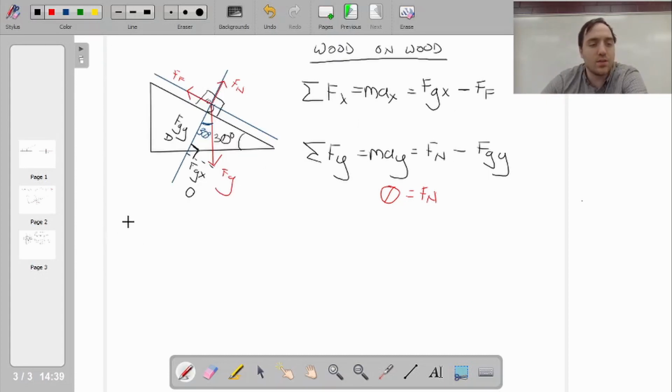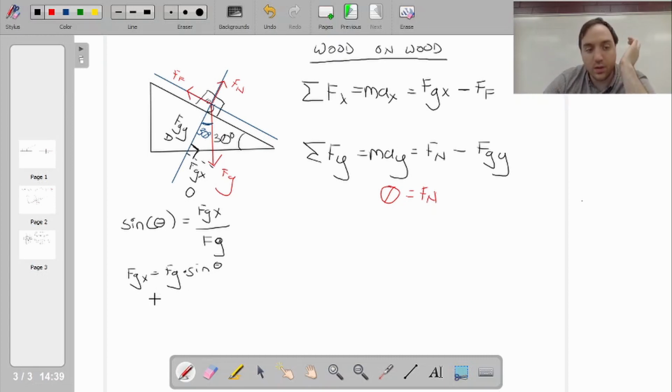For FGX, that's opposite and hypotenuse, so sine of my angle, which is 30, but I'm going to leave angle for now, equals FG in the x direction over FG. Solve for FGX, I get FG in the x direction equals FG times sine of angle, which really means m times g times sine of angle, because force gravity is m times g.